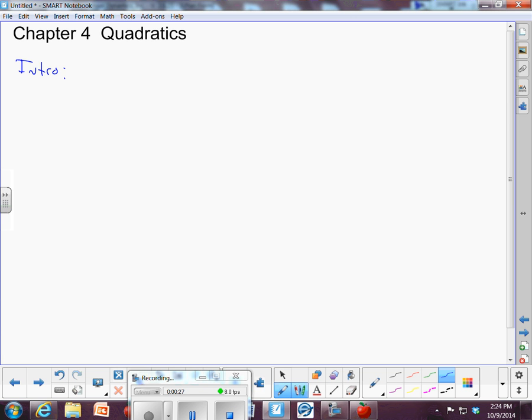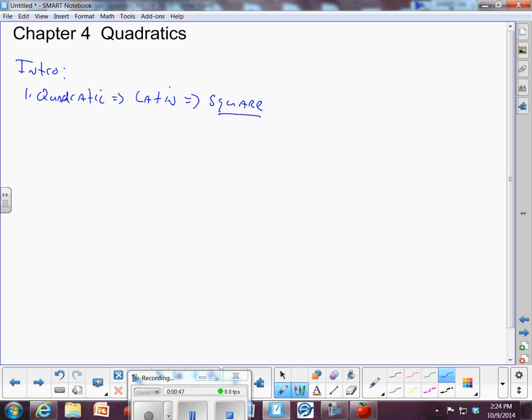All right, when you think about the word quadratic, the word in Latin is what helps us to understand here in math what we're dealing with. And the word in Latin means square.